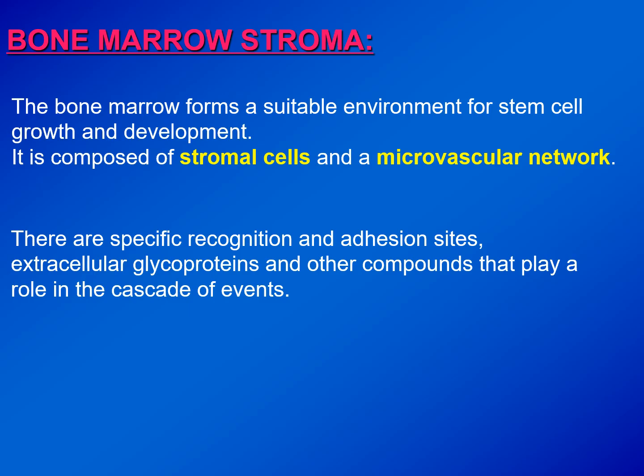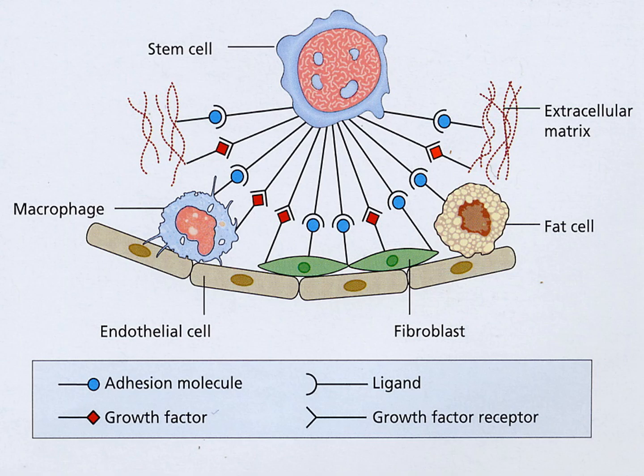If we damage the bone marrow microenvironment, for example, if we subject the bone marrow to a high dose of radiation, this will damage not only the stem cells, but also the microenvironment. So this site in the bone marrow will not be hospitable to any growth of the hemopoietic elements.